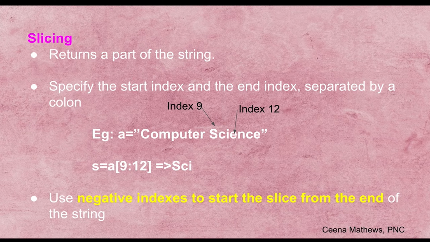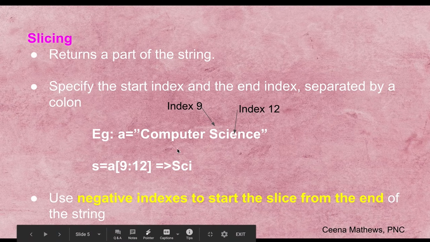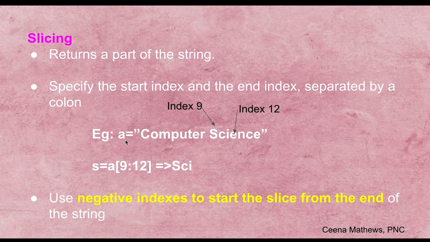Next is about slicing, that is it returns a part of the string. In slicing, specify the start index and the end index separated by a colon. Here you can see the given string, that is A is equal to computer science, and in order to extract a part of the string, I am using S equal to A, where A is the string name.